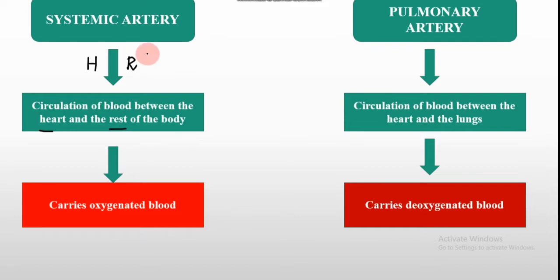This is called systemic circulation. The circulation happening between the heart and the rest of the body we call systemic circulation, and it happens with the help of the systemic artery.